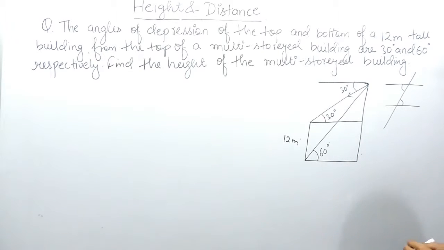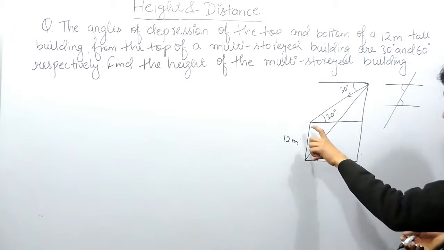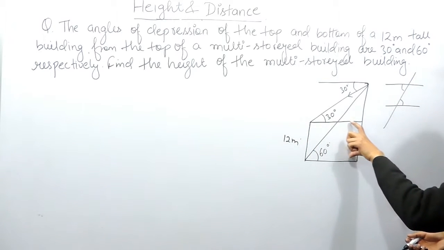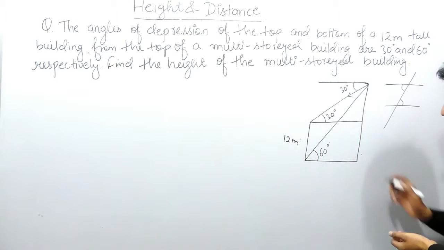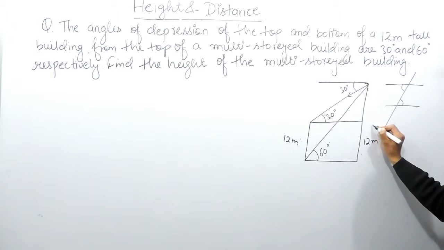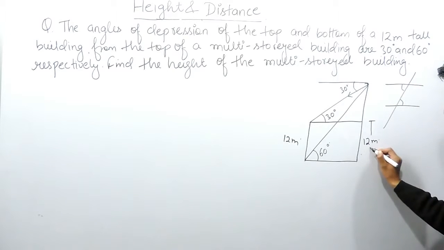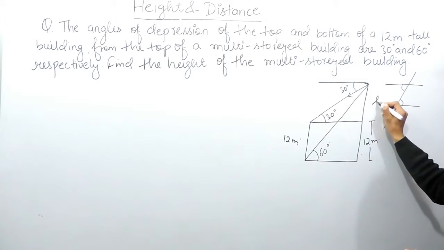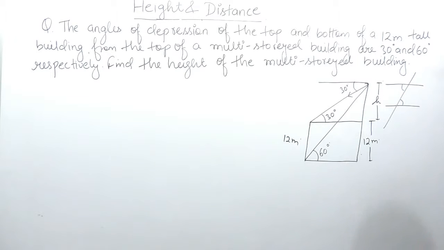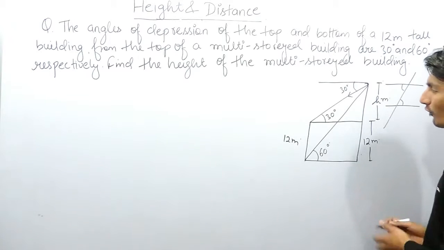Now, since this building is 12 meters and these two lines are parallel, this must also be 12 meters. And if I suppose the height of the remaining part of the building as h meters, two triangles are formed here.